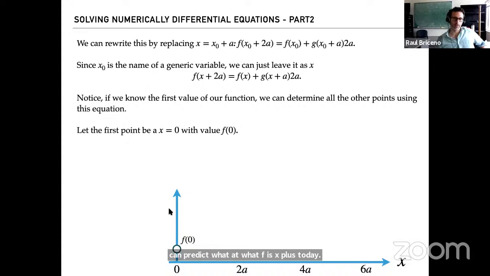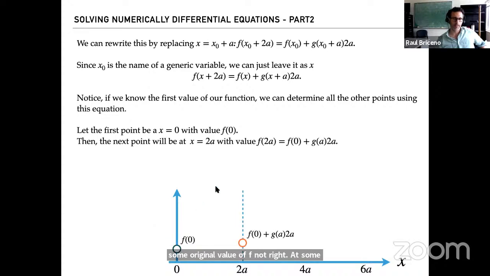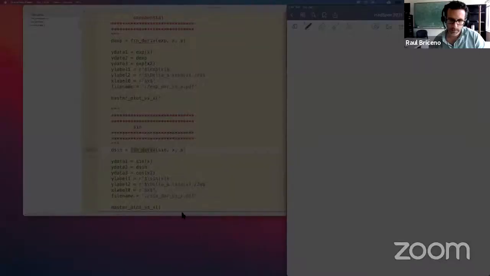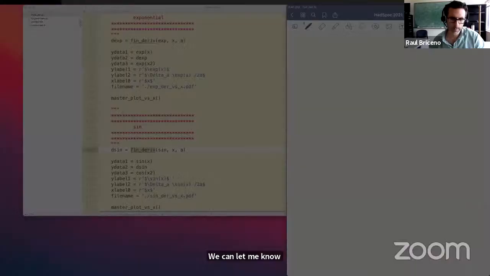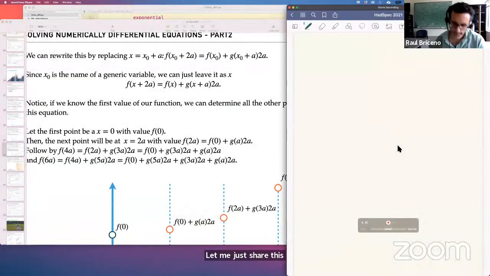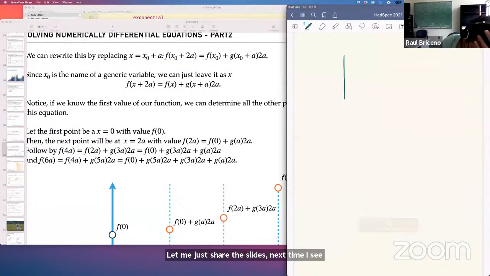And so imagine that you're given some original value of f naught, right, at some original point. Then I can determine the next one by just applying this equation, right? So I get that at some later time. Well, let me just share the slides next to my, so I have my original x equals 0.